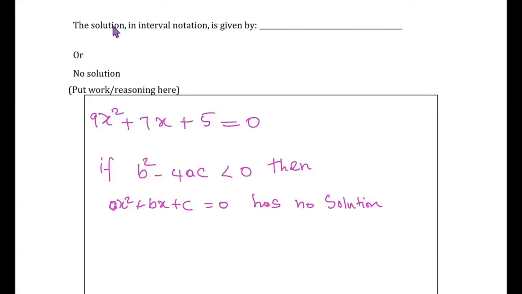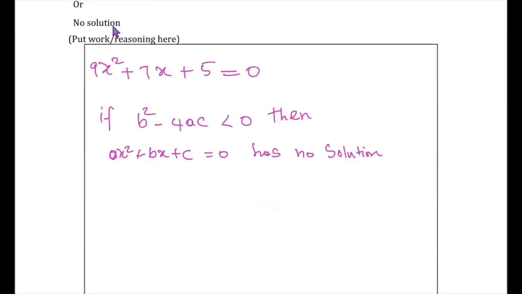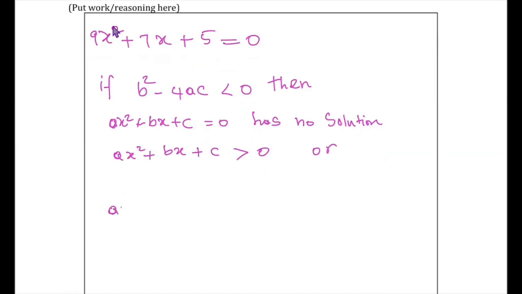So you have two cases. It's either ax squared plus bx plus c greater than 0, or ax squared plus bx plus c less than 0.